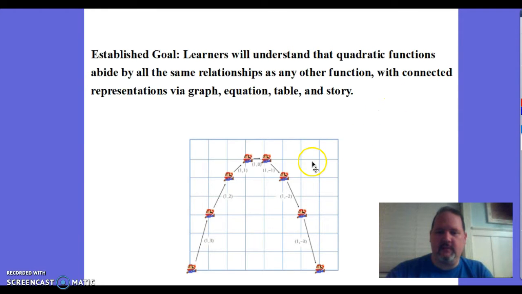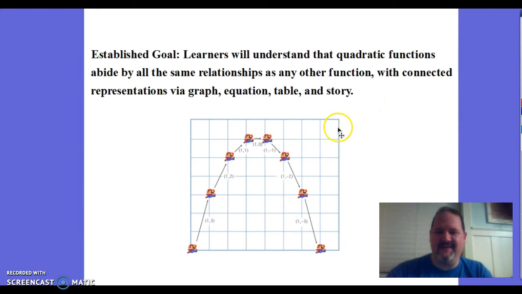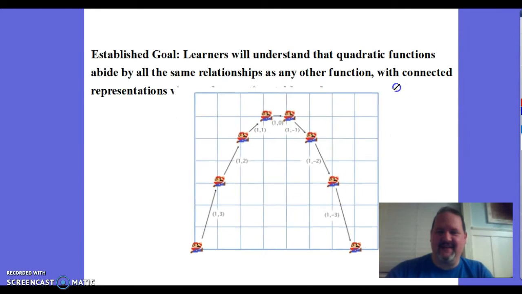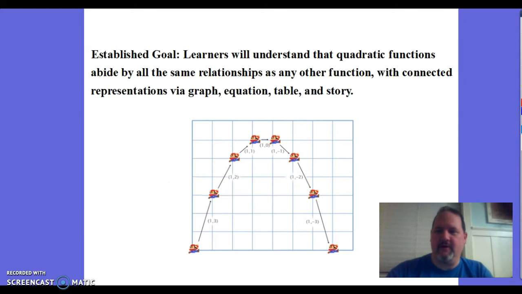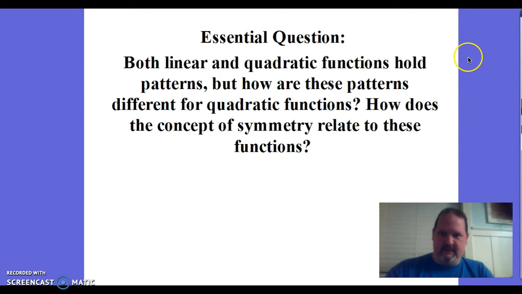And you can see a little bit of where we're going with that parabola there with Mario. The essential question: both linear and quadratic functions hold patterns, but how are these patterns different for quadratic functions? How does the concept of symmetry relate to these functions?